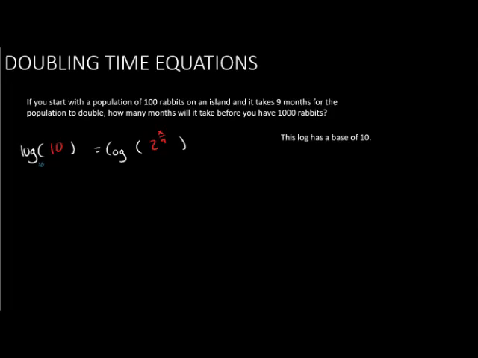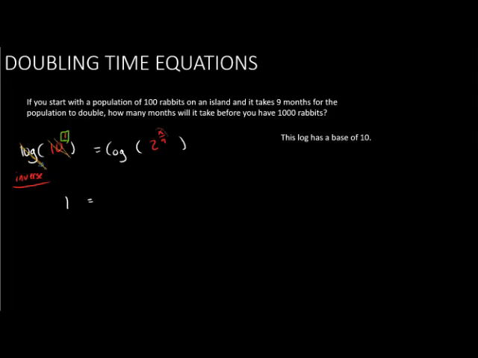Now, if we have a log with a base of 10 and a 10 inside, it turns out these are inverse functions. If we try to cancel this out, we can rewrite this as 10 to the first power and put the invisible 1 as my exponent. Then we can cancel out the log base 10 and cancel out the base of the exponential 10. This leaves behind just the invisible 1. This leaves us with a 1 on the left.